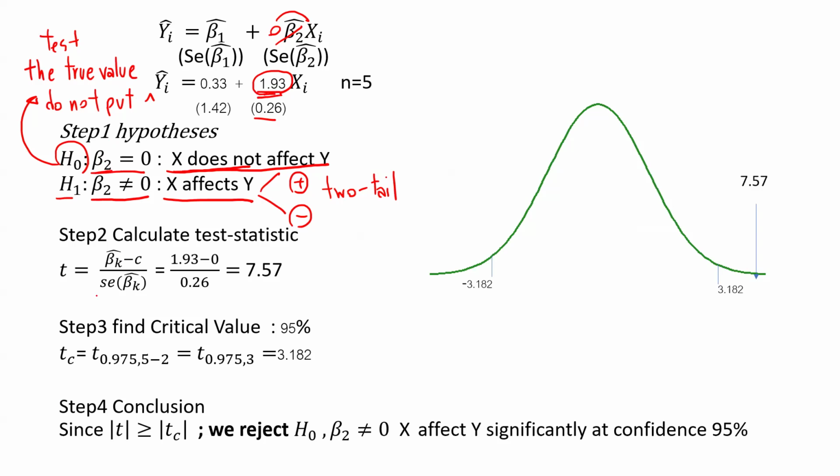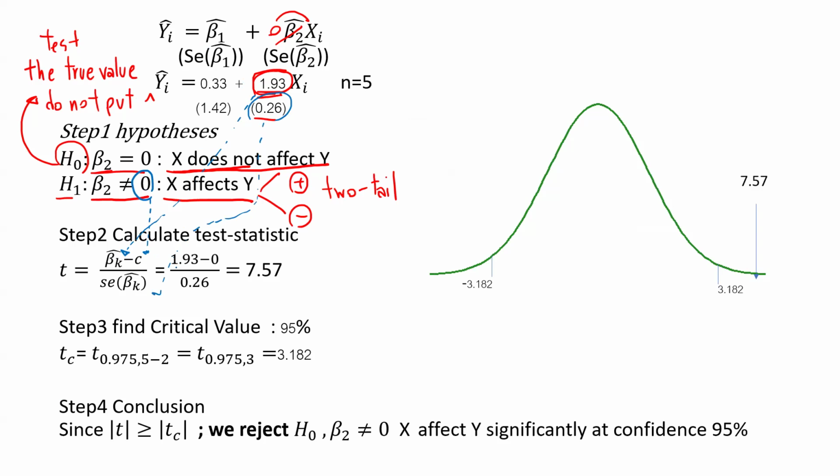Then step 2, we calculate a test statistic. For this test you have to use the t-test. So t equals beta hat, which we already have, minus c, the value you would like to test, over the standard error.